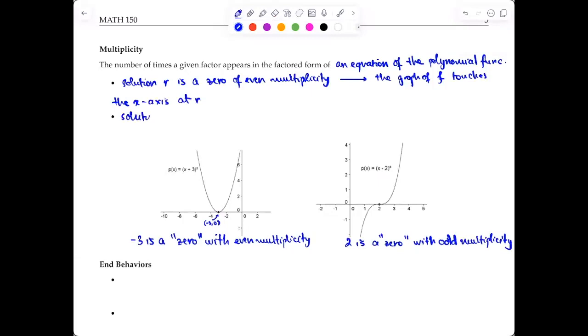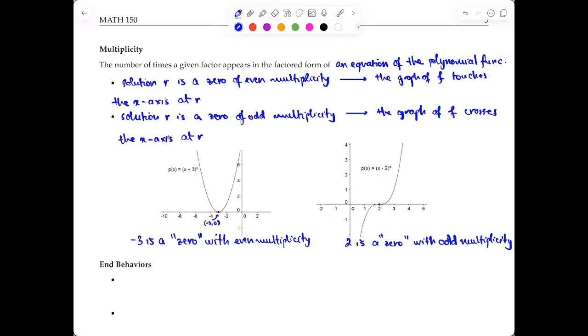Now, if the solution r is a zero of odd multiplicity, then you know that the graph of f crosses the x-axis at r. You good? Good, good. All right.